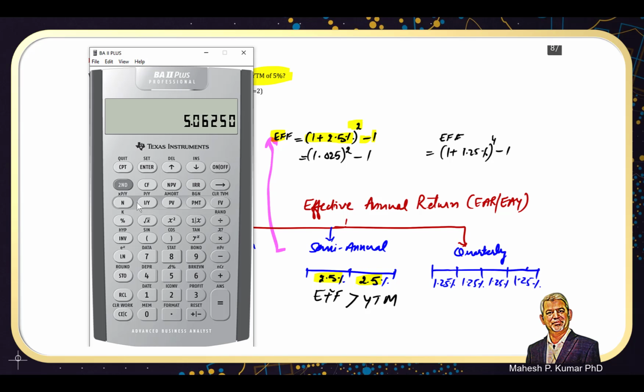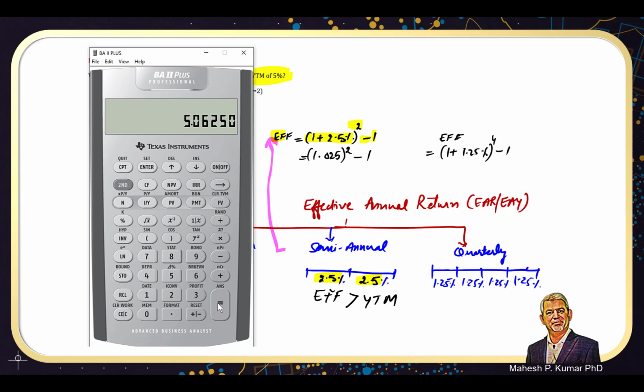Let us clear the screen. Second, clear TVM. 1.025, y raised to x, 2, is equal to, minus 1, is equal to this number. If we want the answer in percentage, let us times it with 100.